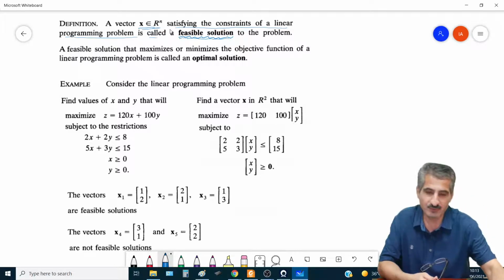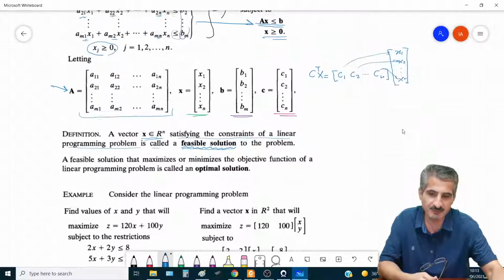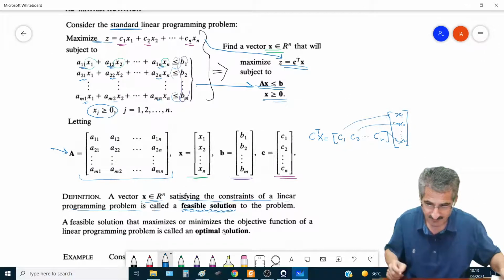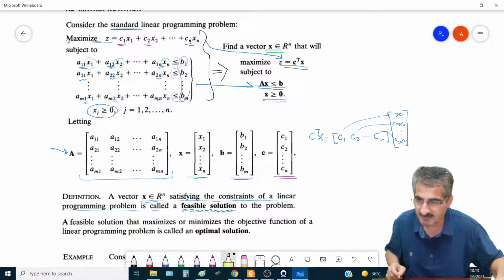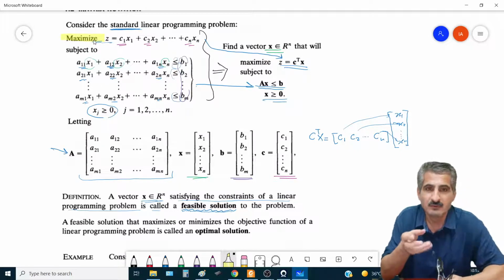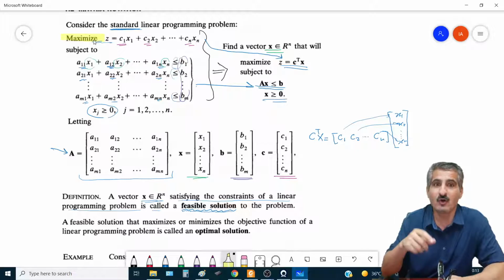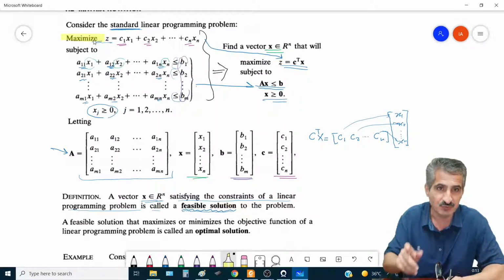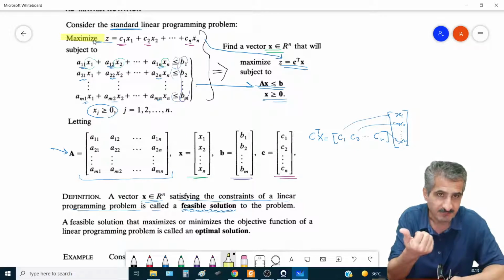If we go back to the linear programming problem, it asks us to maximize, so we are looking for the optimal solution, the values of x1, x2 to xn that maximize z.